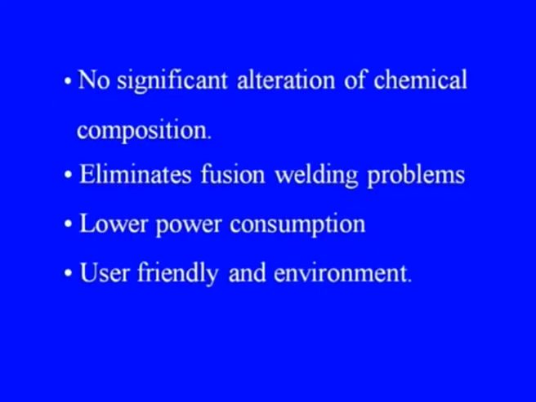Then there is no significant alteration of chemical composition, since this is purely a mechanical process, and the heat developed will be much lower than that of the melting temperature. This eliminates fusion welding problems.